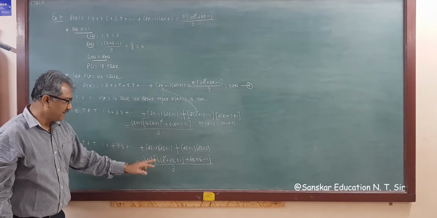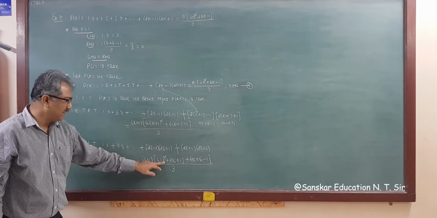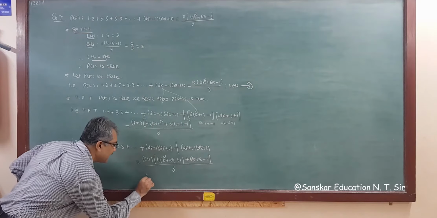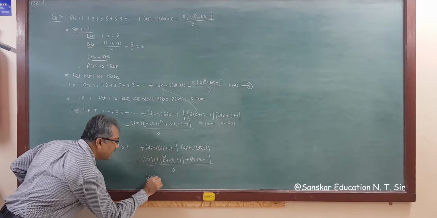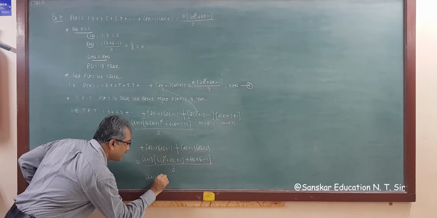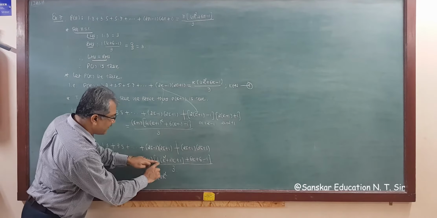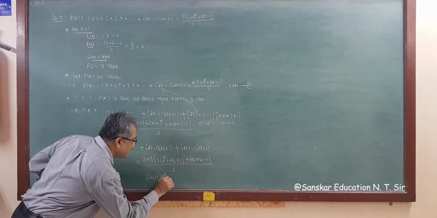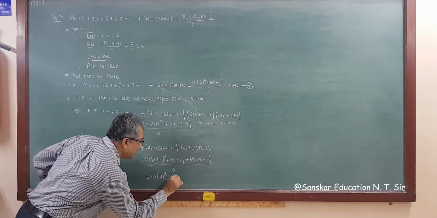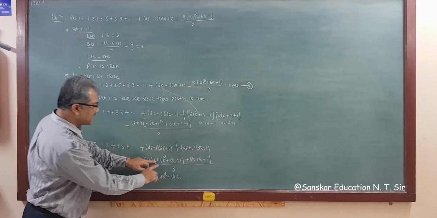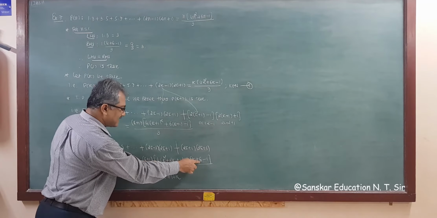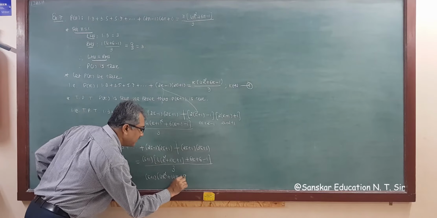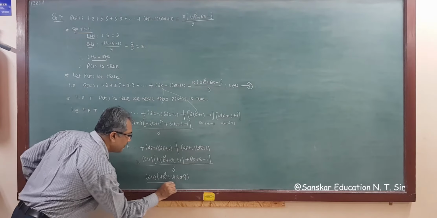Now simplify: this is 4k square, now 4 into 2 is 8k plus 6k, that is 14k, so plus 14k, plus 4 plus 6 that is 10, minus 1 is 9, whole upon 3.